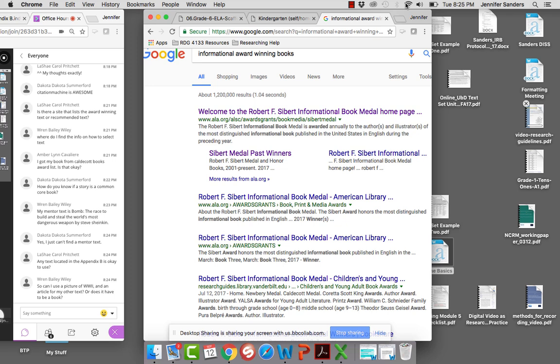Your mentor text, it needs to be a book. Okay? Will it be a chapter book? Probably not. If it's a chapter book, that doesn't need to be in a literature book. It needs to be an informational book. And those are different. Okay?